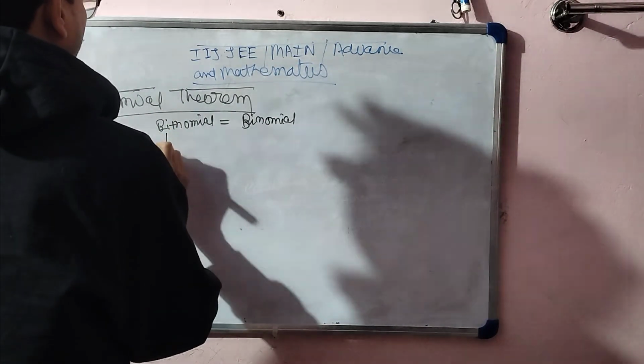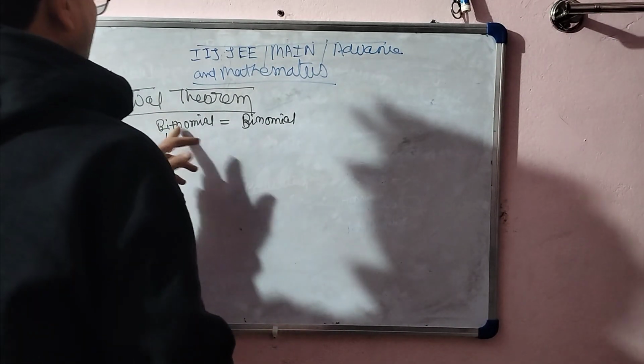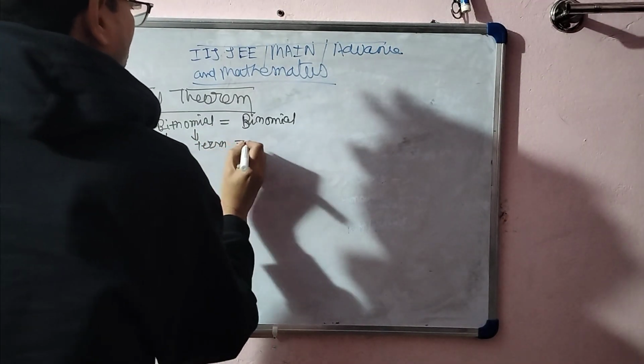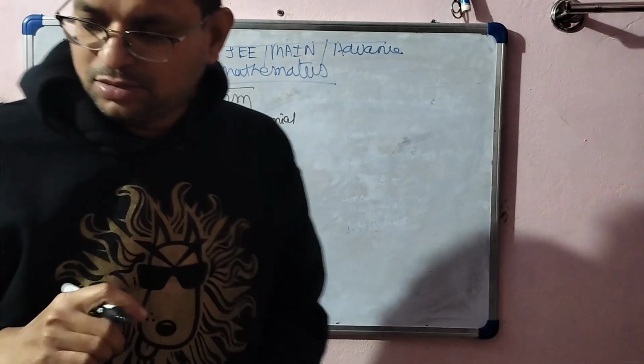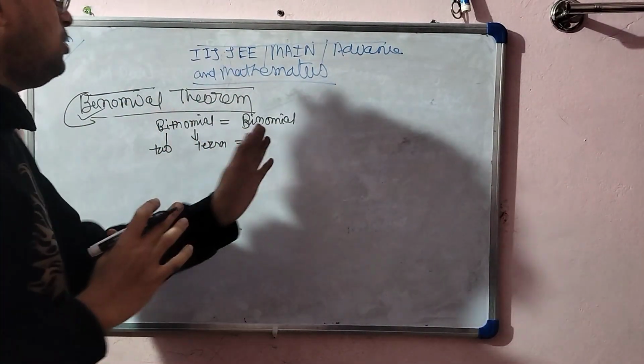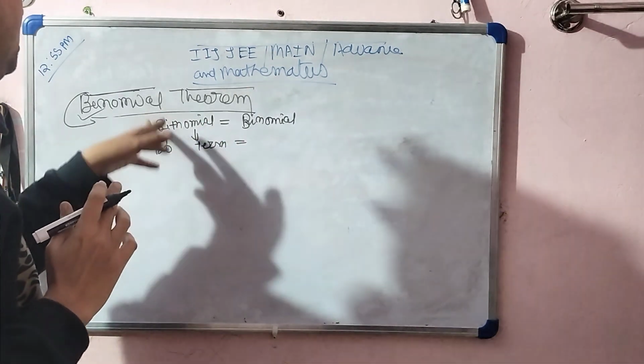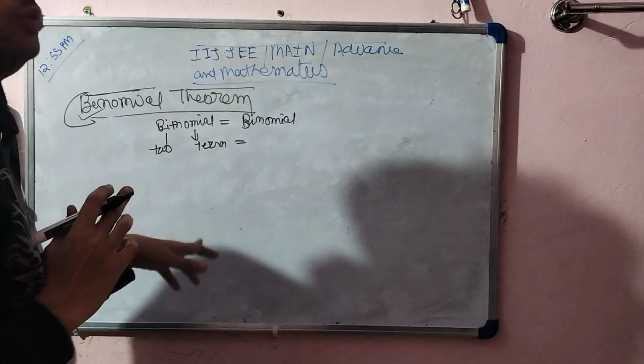Bi means two. Nomial means term. You have heard about that binomial, bi plus nomial. Nomial means term, and bi means two terms.